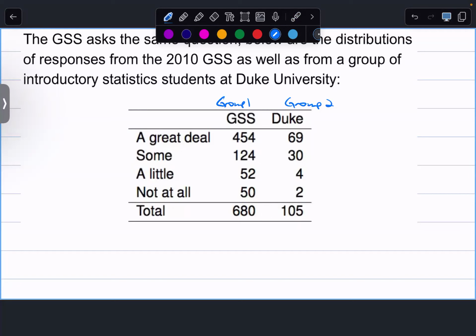Because I know what we're about to talk about, a success is going to be those who answered a great deal. So that's the proportion that we're interested in. Is there a difference in proportions of people who answered a great deal in all Americans versus the Duke students?